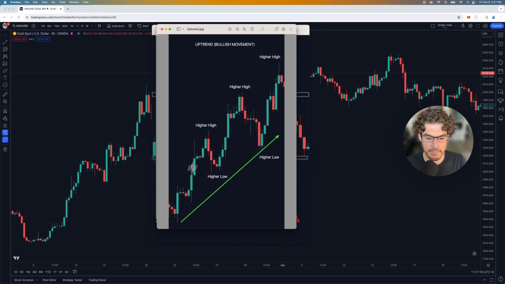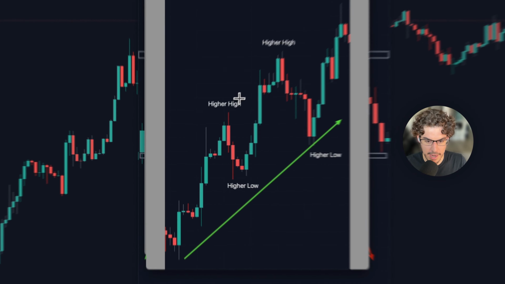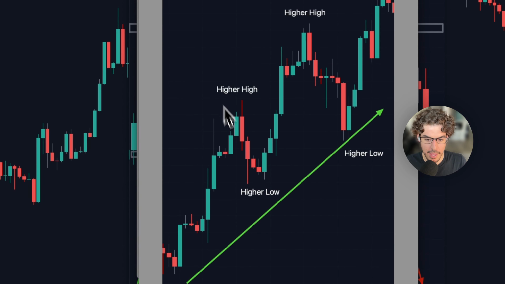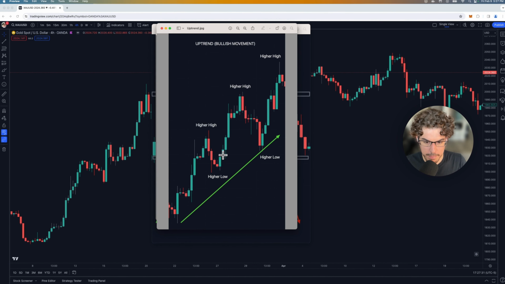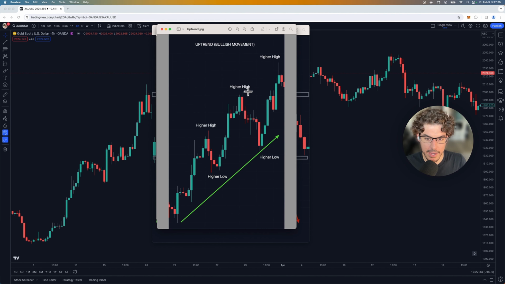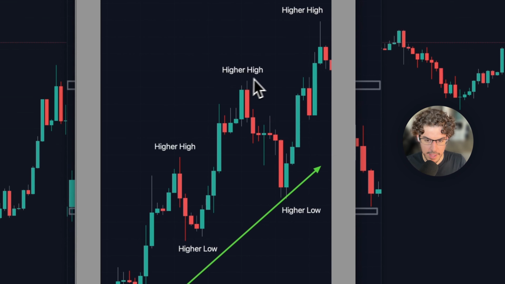Okay, so to identify an uptrend, we know that the market is moving in the upward direction, and we see that it's making higher highs, as you can see right here, and also higher lows. Then the next time price moves up, it's going to make a higher high again right here, and then a higher low right here. What does this mean?